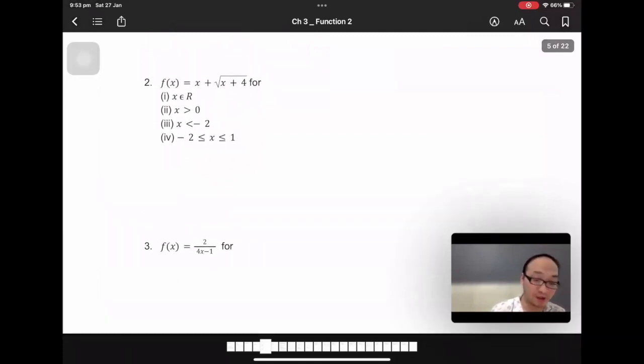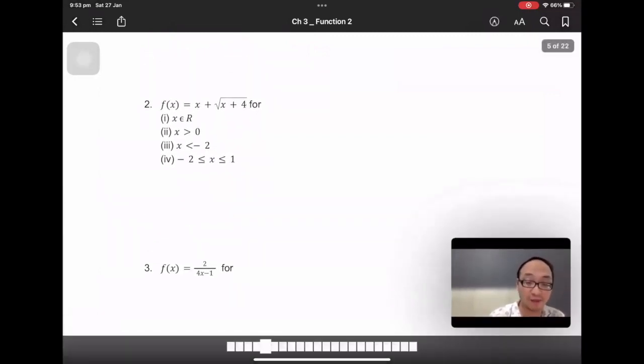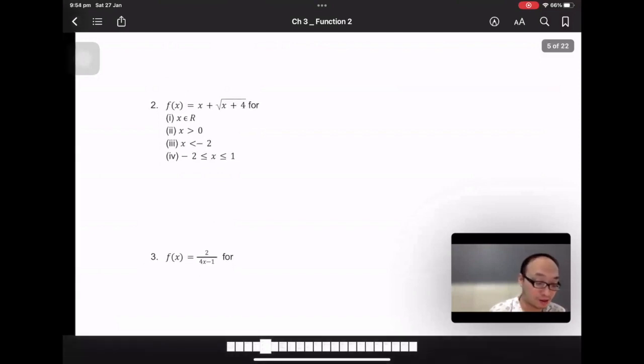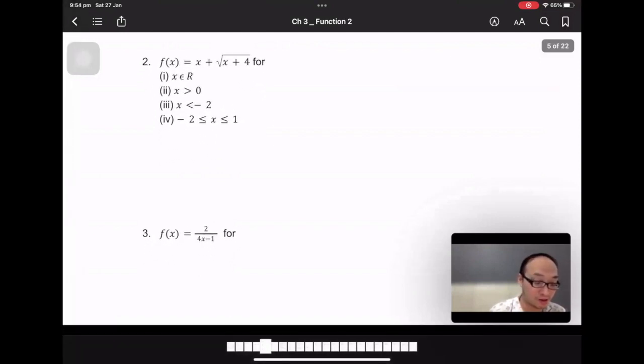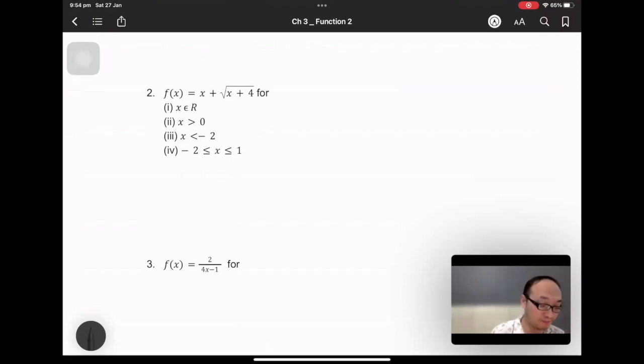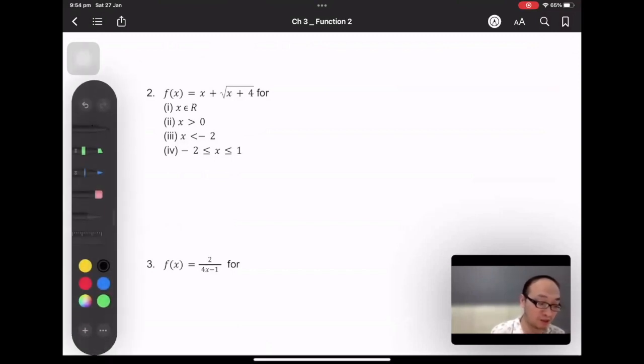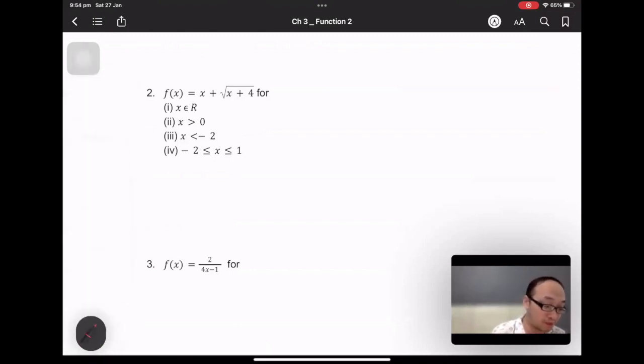I skip number 2, I go to number 3. For number 3, I will make my own domain. This is a reciprocal function.